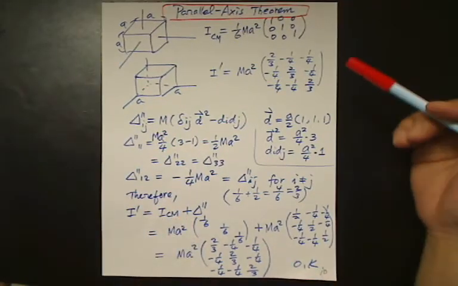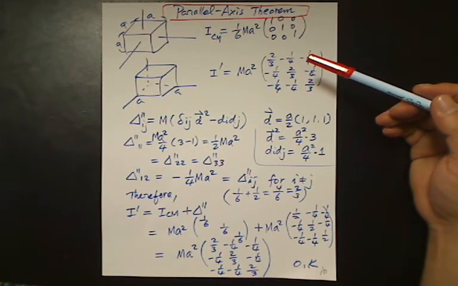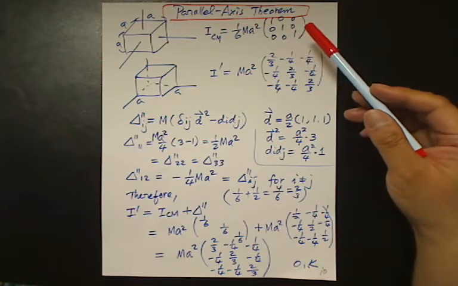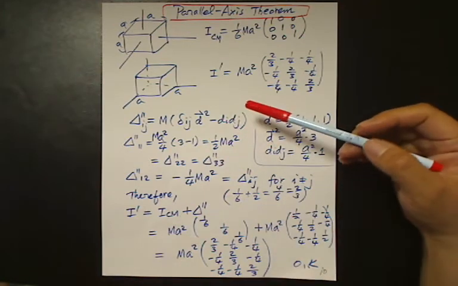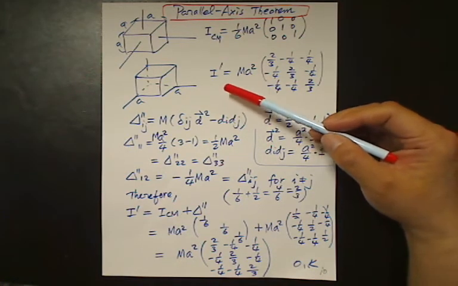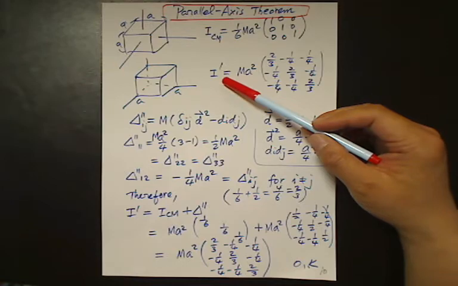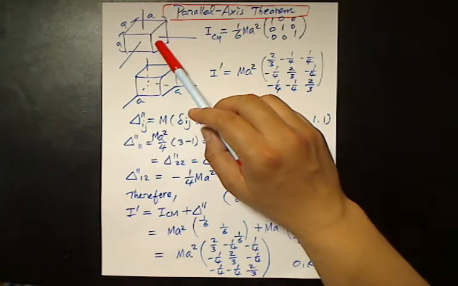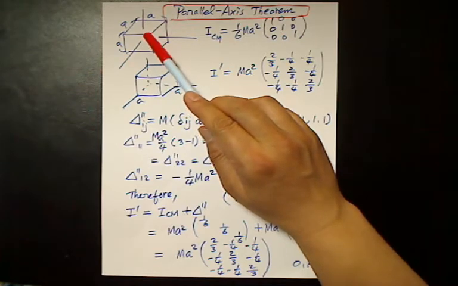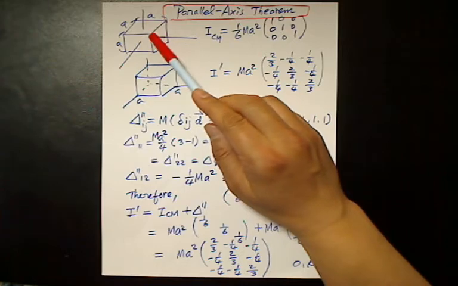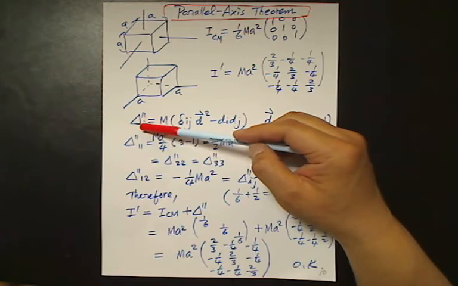Now let us consider the parallel axis theorem. Just like what we have proved for the parallel axis theorem in the last class, the inertia tensor for this case can be computed in terms of the inertia tensor whose origin is at the center of mass, and the difference will be expressed in terms of the delta parallel.